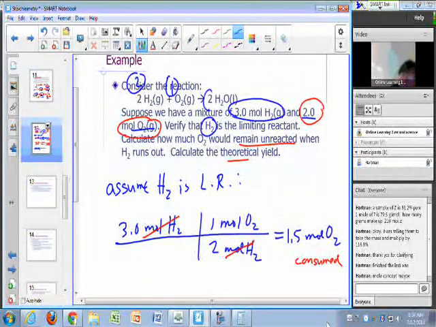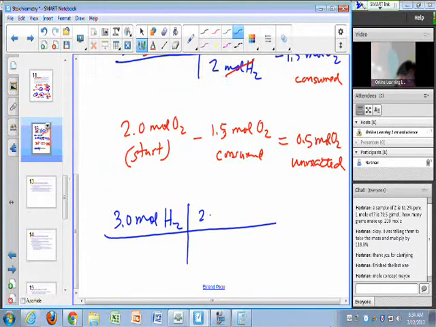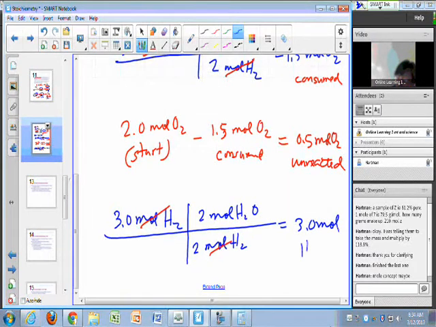Our product to reactant ratio is 2:2, 2 moles water for 2 moles of H2. So you can say times 2 moles H2O over 2 moles H2. And that would give you 3.0 moles of H2O.